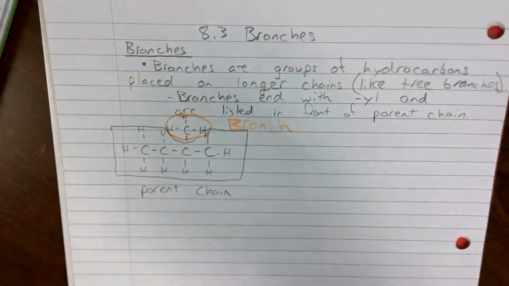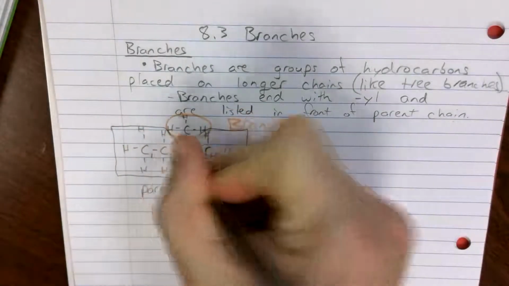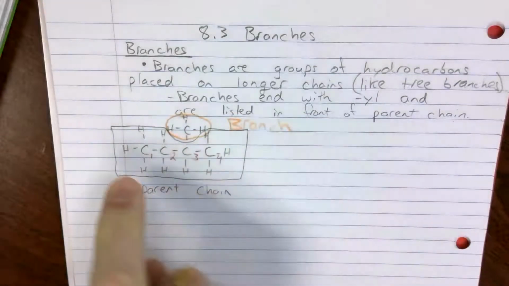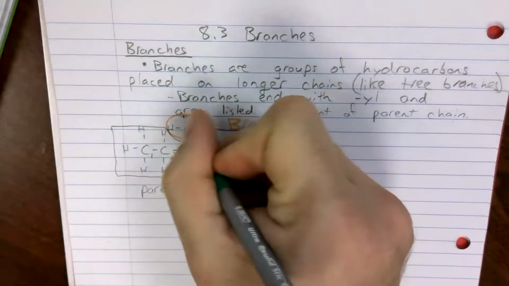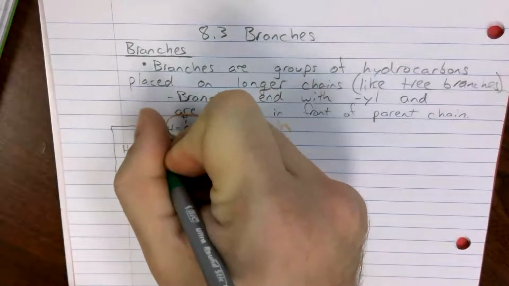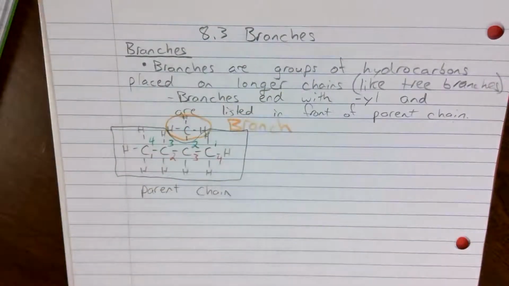Go ahead and count up my carbons here in the parent chain. So 4 carbons. Again, I like to go both ways, right to left and left to right. That way it allows me to see the lowest number a lot easier, I think.